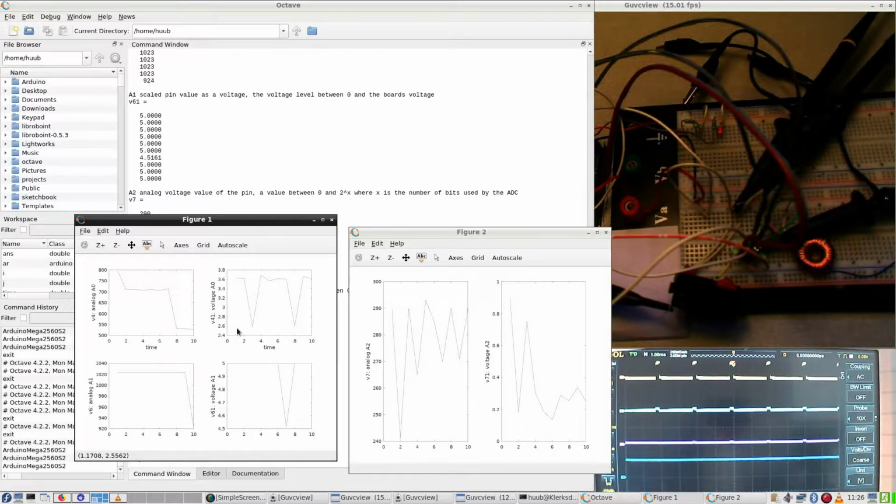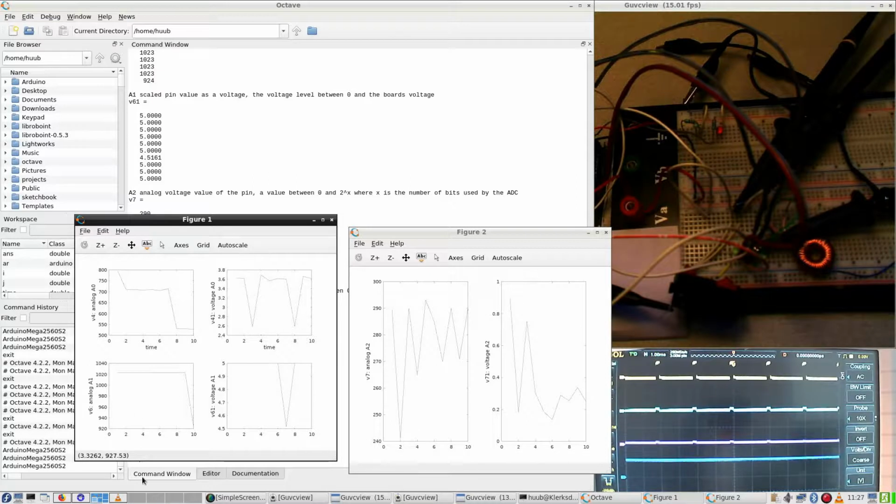And 2 to the power 10 is 1024. So if it is 7 bits, it would be 512 or something.